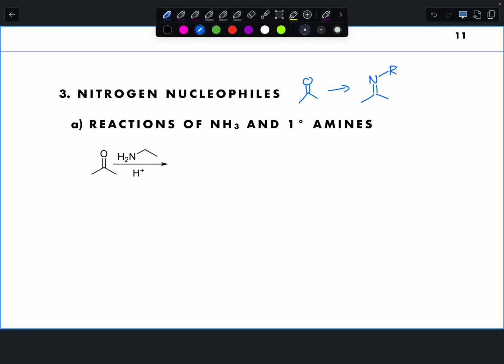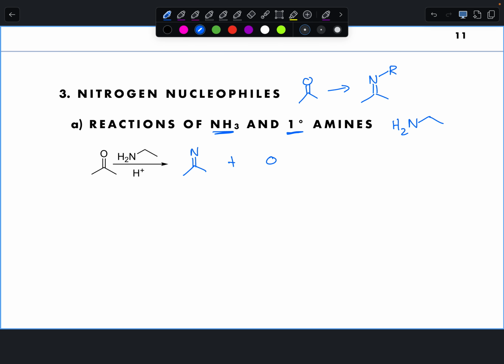It's not that it can't happen, but I think probably the best explanation is that the bond that you're forming here, this imine, this carbon-nitrogen double bond, is stronger than the carbon-carbon double bond.